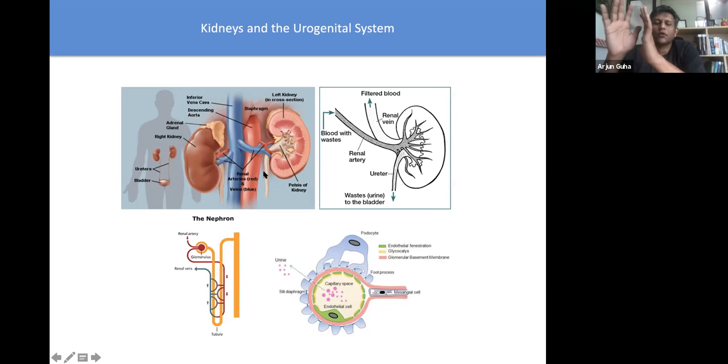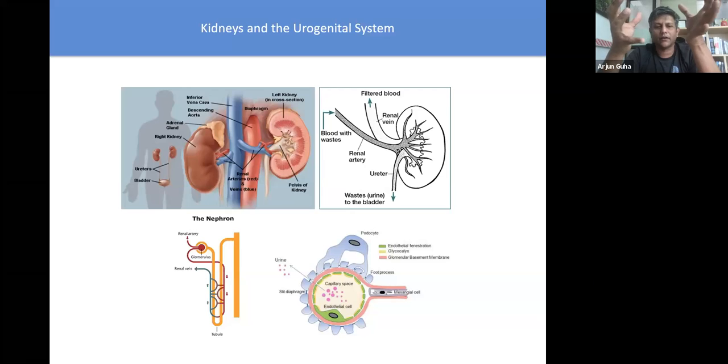So what this organ contains and must contain at some level, as you might imagine, is a very rich supply of blood vessels, the renal arteries and the veins, which bring the blood to this organ and transport the blood from this organ.